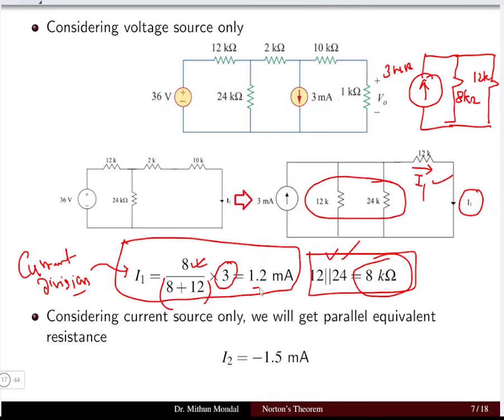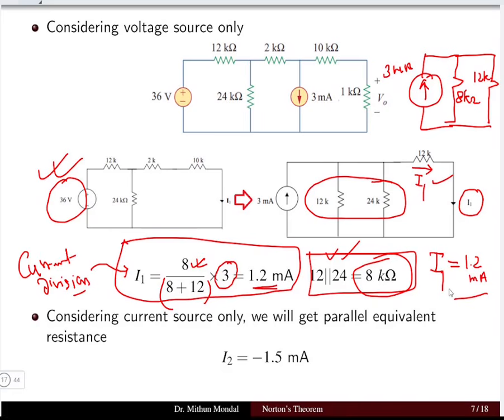We get 1.2 milliampere as the current when only the 36 volt source is active. So from the superposition theorem, in my first case, I1 is equal to 1.2 milliampere.